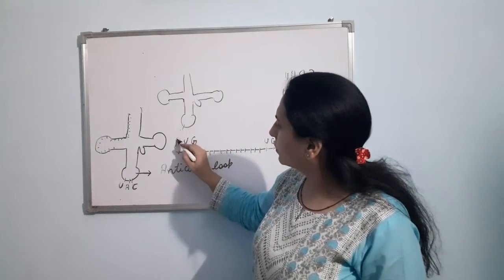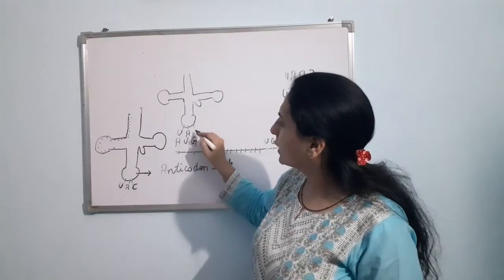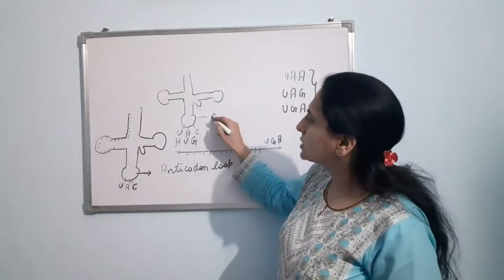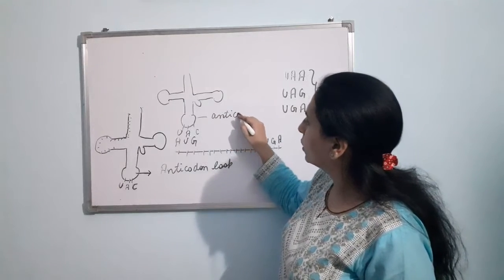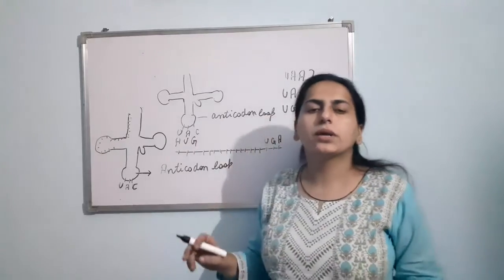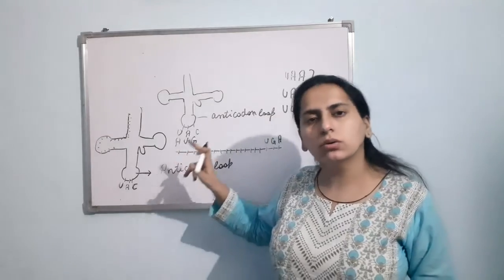A will be complementary to U, U with A and G with C. So like this. This is the anticodon loop. And this tRNA is known as the initiator tRNA as it is binding with the AUG.